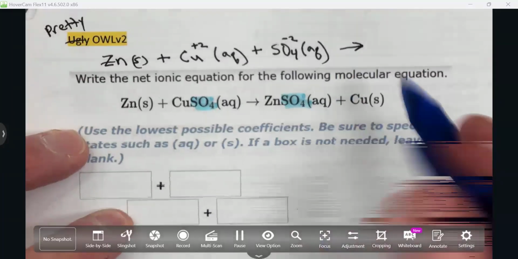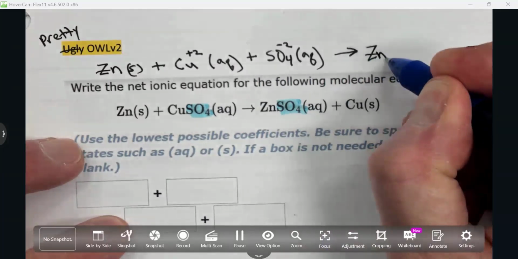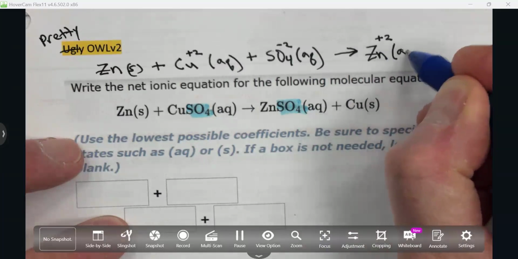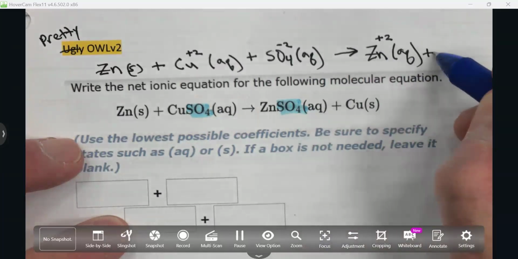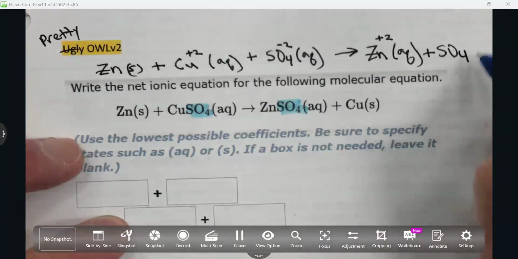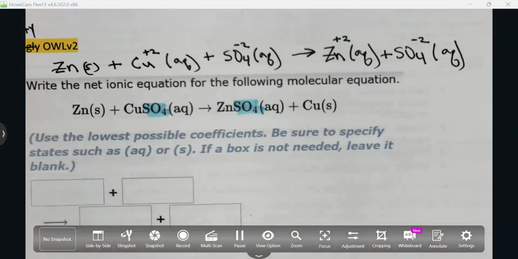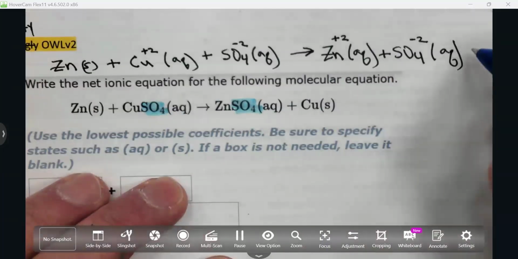Zinc sulfate is going to split up. So we're going to get zinc 2 plus aqueous, SO4 minus 2. I better start writing better.